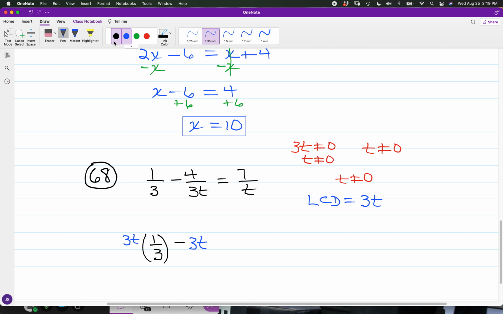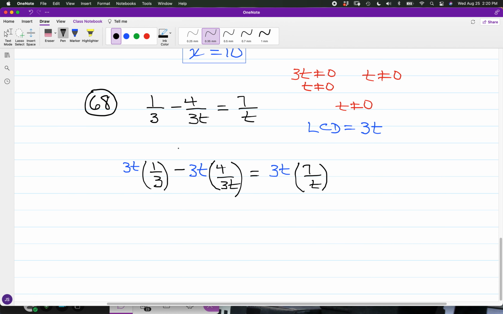I've got 3t times 4/3t, and this is equal to 3t times 7/t.